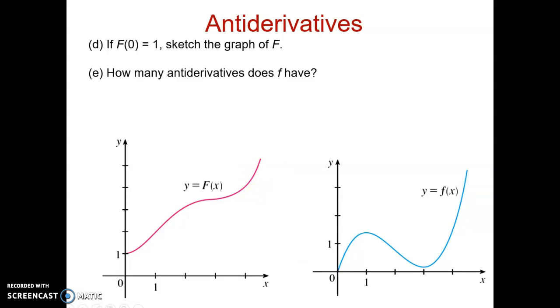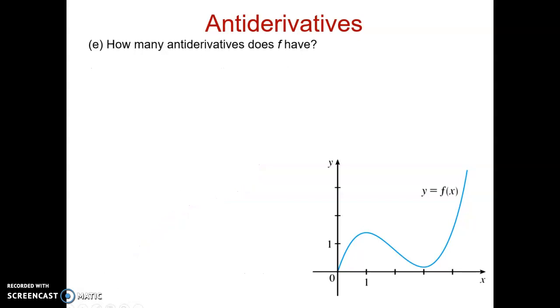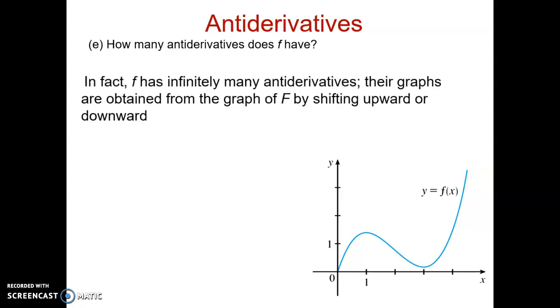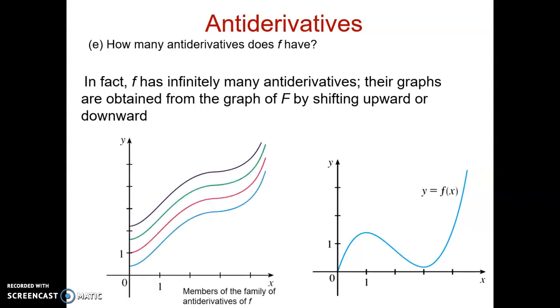How many antiderivatives does f have? Actually, a whole bunch, infinitely many. Each one of them will look alike. They'll all have that same general shape, but I could just shift it. Notice the first one said we started at a given point 0, 1, but we could start at 0, 1/2.